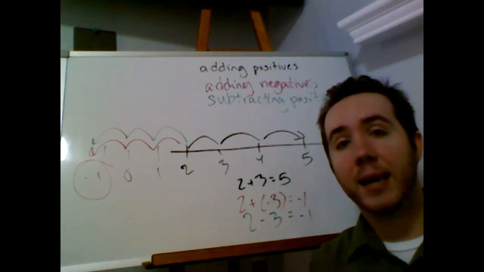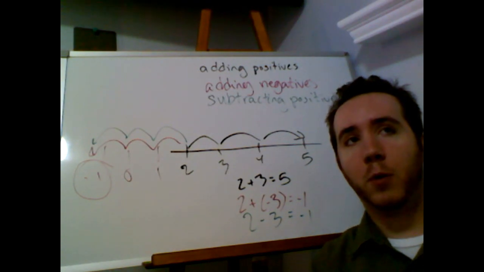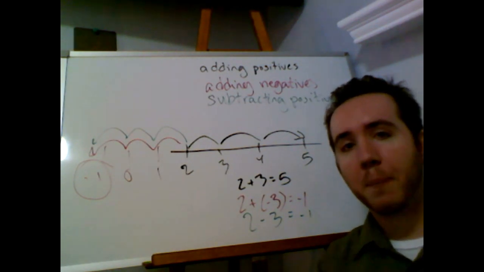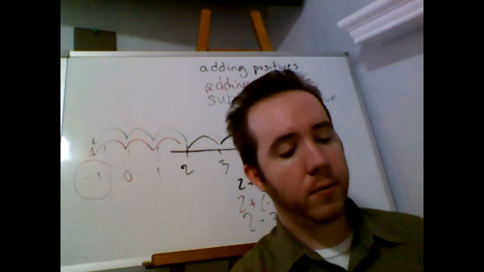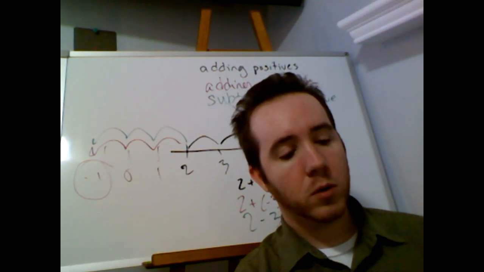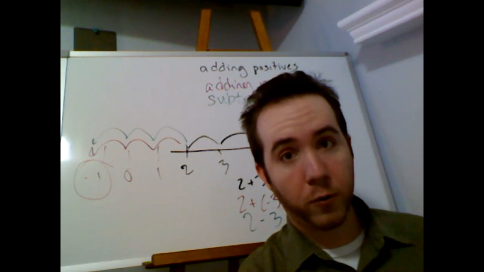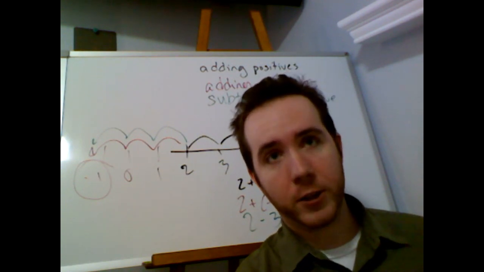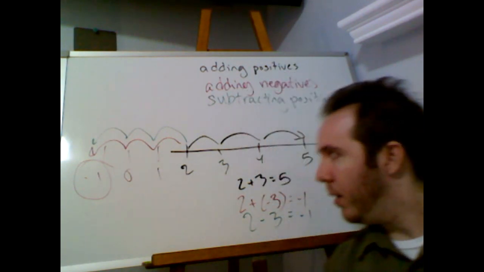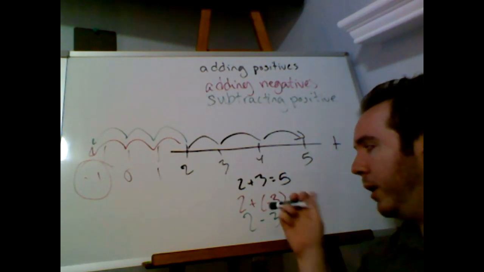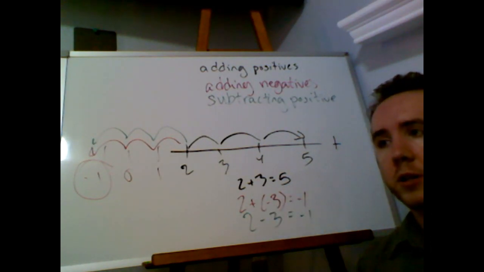It's the same idea, but the reason why we talk about them separately is that negative numbers are useful for multiplication and division. And so we can also model them with addition and subtraction.